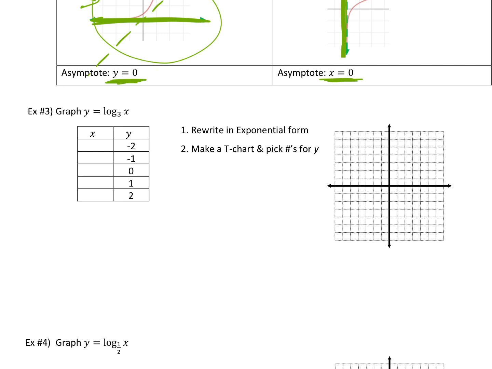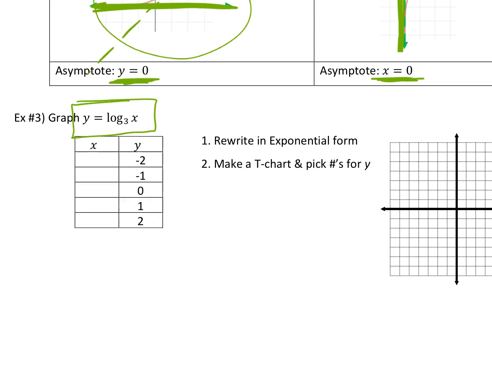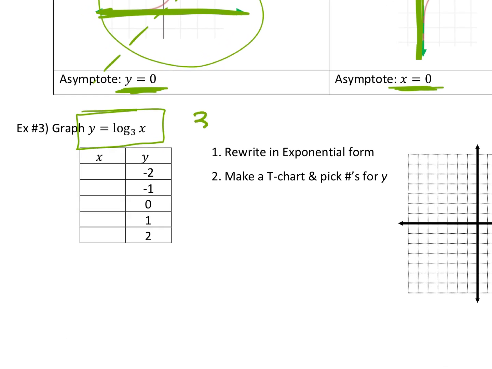Here's what we do. You know a different format for that. Can anyone tell me what it is? What to what power equals what? In this case, 3 to the y power is equal to x, okay? So that's your first step whenever you are graphing a log: you're going to turn it into exponential form, okay?